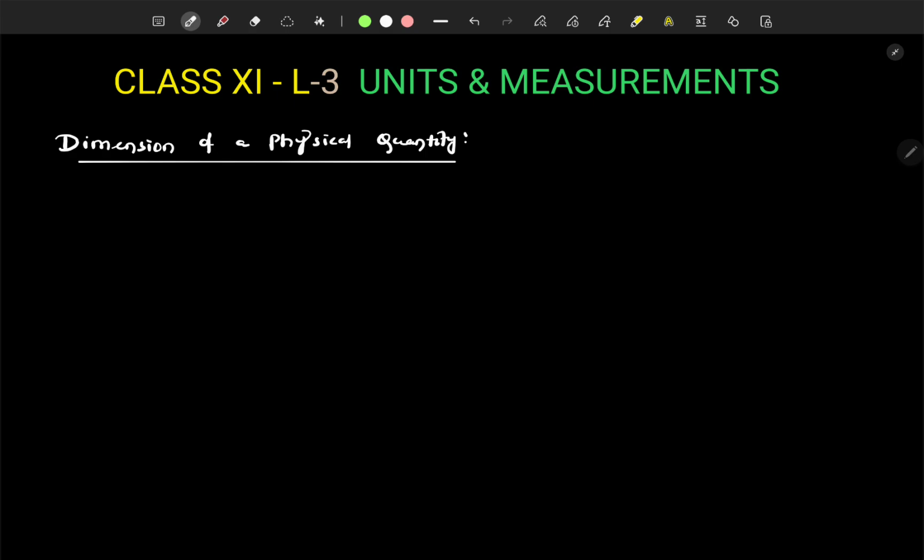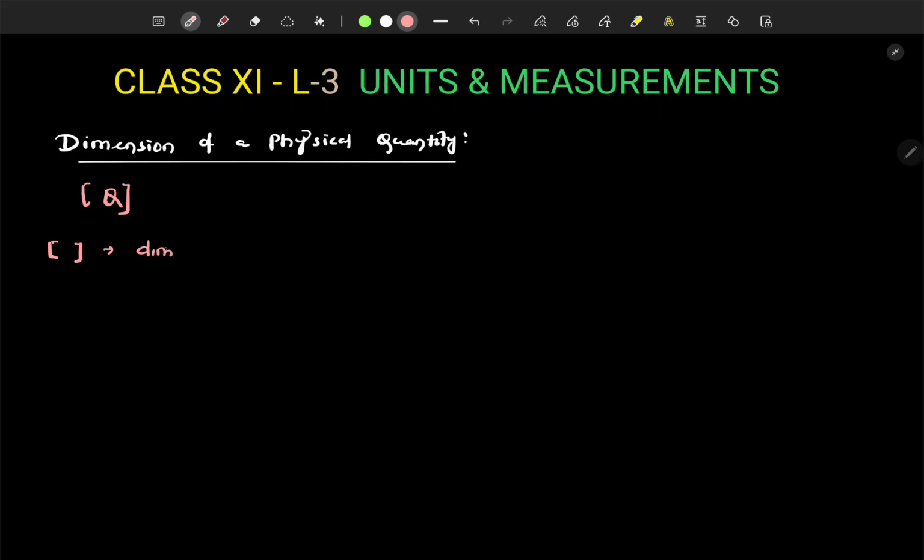Now see one thing. First see the representation. Suppose this is one physical quantity Q, and always remember its dimension is represented with the help of square brackets. That means square brackets represent dimensional notation only.